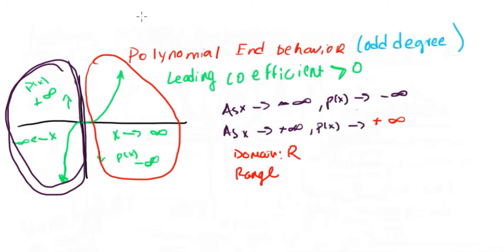Well, look at this. This function extends infinitely in this direction and then infinitely in this direction. So it goes infinitely in the p of x equals negative infinity direction down here, and then p of x is approaching positive infinity. It goes infinitely that direction. So we don't really have a limit to what it could be. So we're going to say our range is all real values as well.